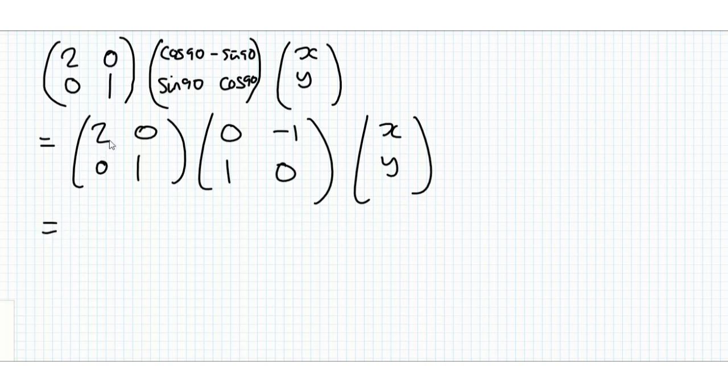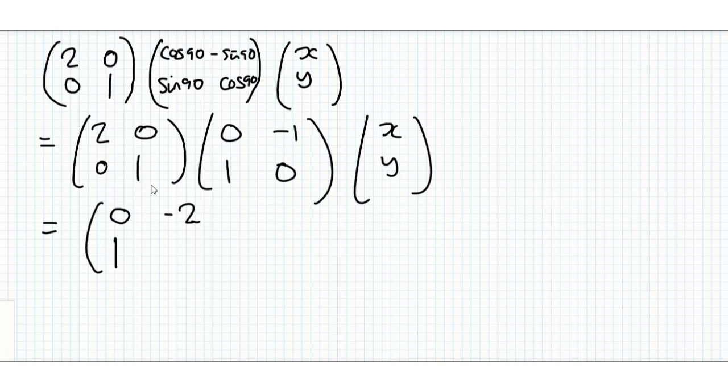And this is equal to, so we go across the rows, down the columns, and we're going to get a 2 by 2 matrix in return, as we'd expect. So we get 2 times 0 plus 0 times 1, so that's 0. Then we get 2 times -1 plus 0 times 0, so that's -2 here. Then we get 0 times 0 plus 1 times 1, so that's 1 here.